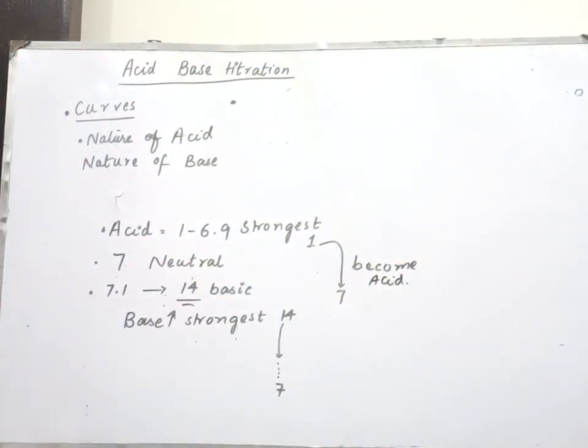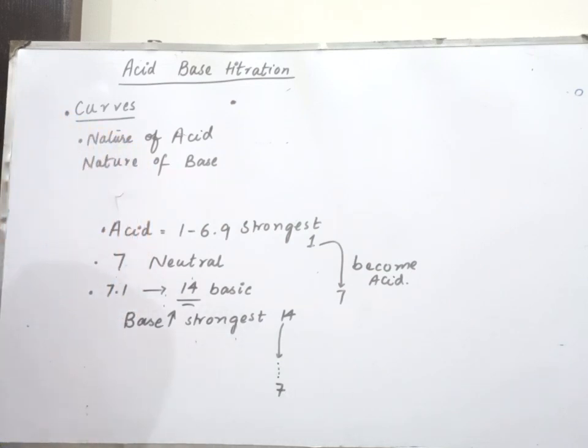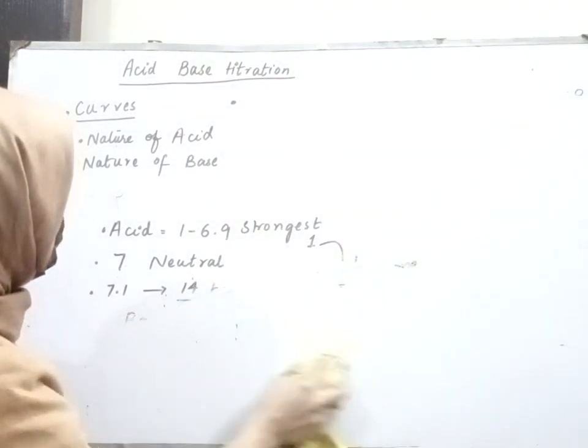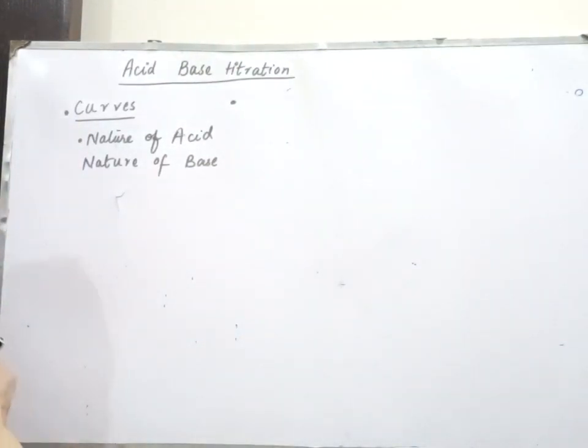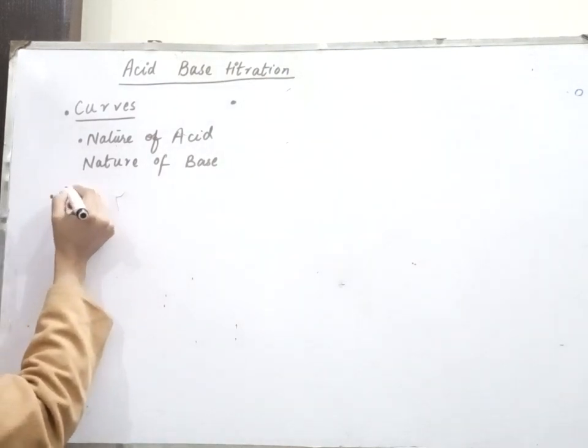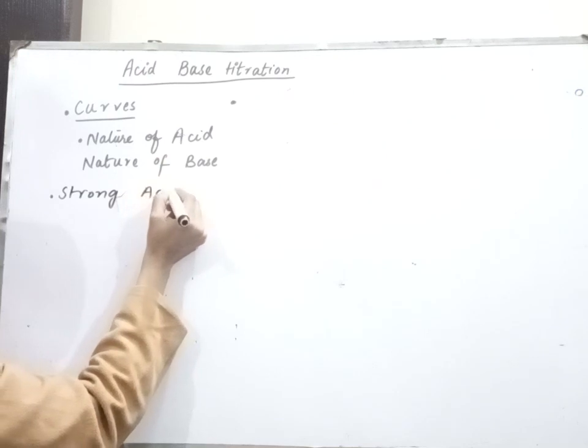So the nature of the acid and the nature of the base will decide the pH of the solution. We are going to discuss curves. First, I draw a curve between strong acid and strong base.